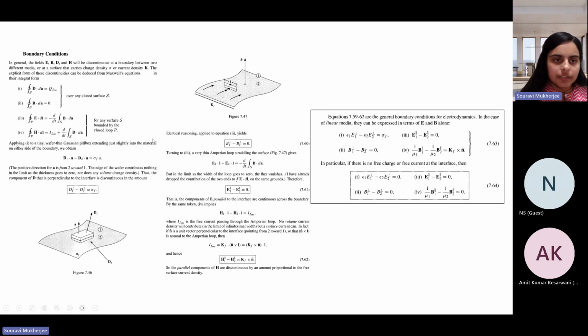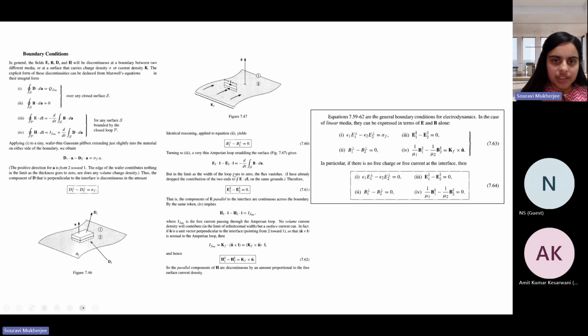And then if you look at this expression, what this tells us is that here you can use Stokes' law. So you can write E dot dl over a closed loop in terms of curl of E dot dS, right? And here you have another integration over a surface. And then you can compare.